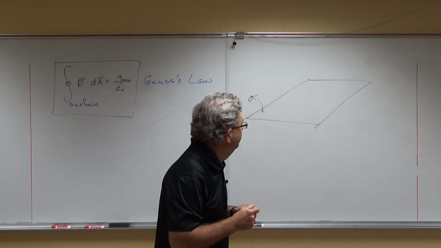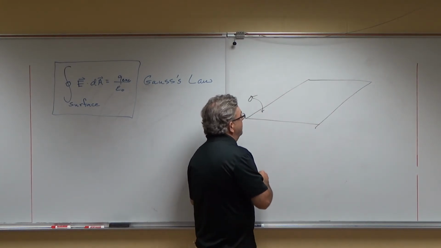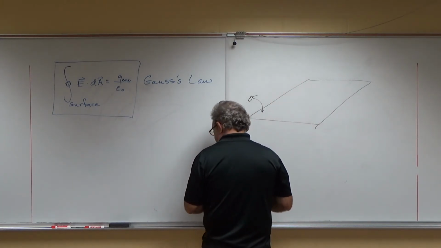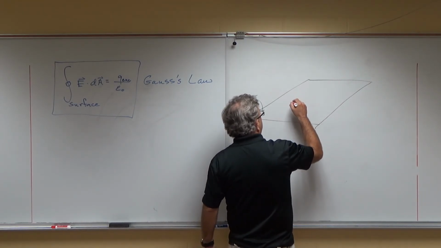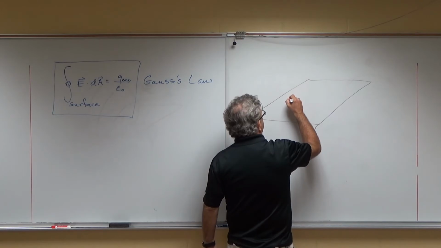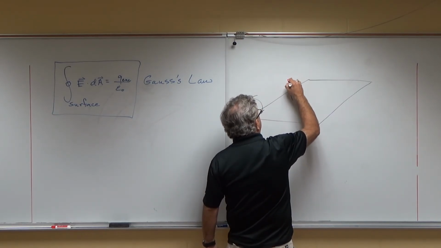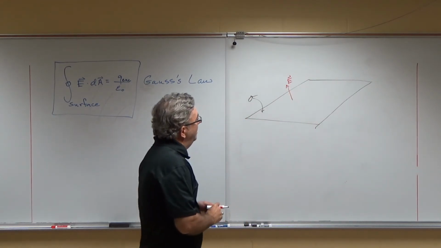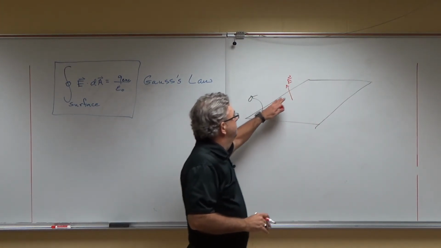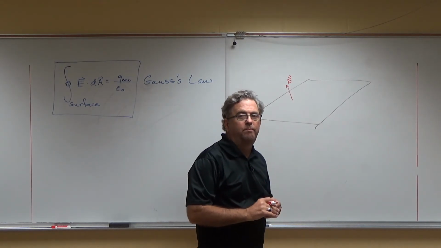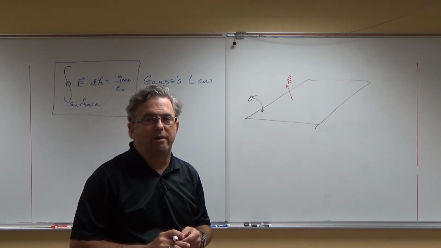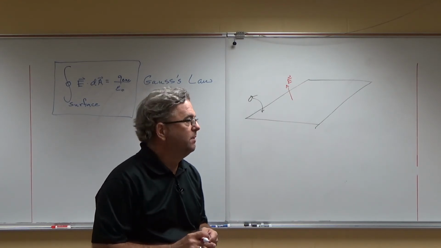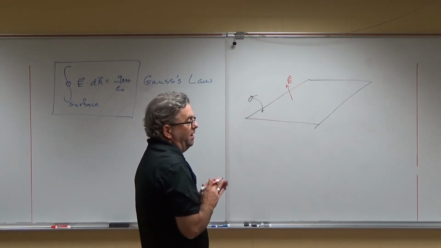And there's some electric field everywhere due to this uniform charge distribution. So there's an electric field emanating from this plane everywhere. It's nice and uniform. So I'm going to show you how to quickly use Gauss's law to calculate that electric field. I'm going to turn this thing on edge.